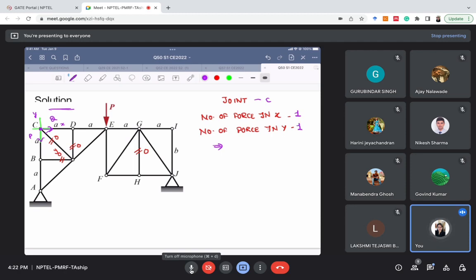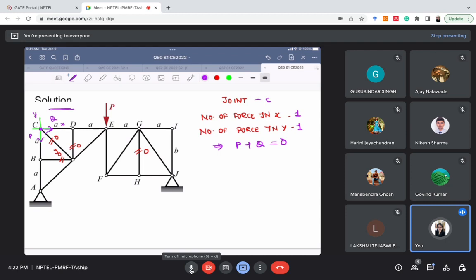So this implies that if the number of forces in any direction is 1, then that force is 0. In this case, the number of forces in both X and Y directions is 1. This implies that both P and Q are 0. Why should P and Q be 0? Because in order to satisfy the vertical and horizontal equilibrium, there should be at least two forces.